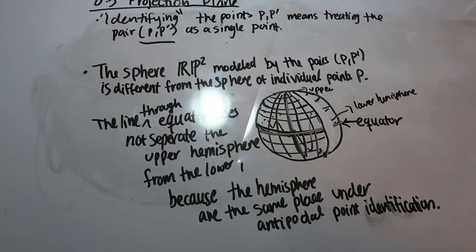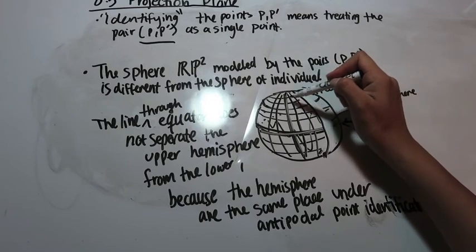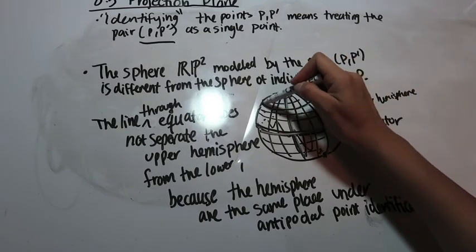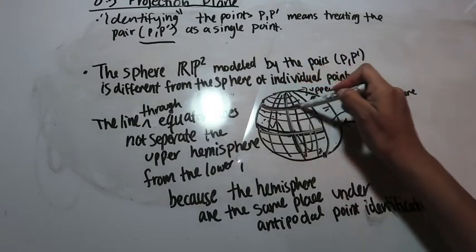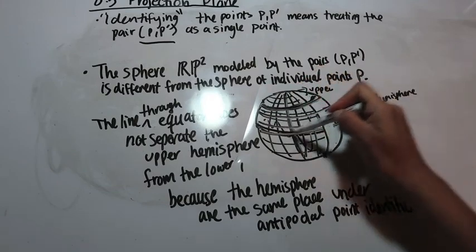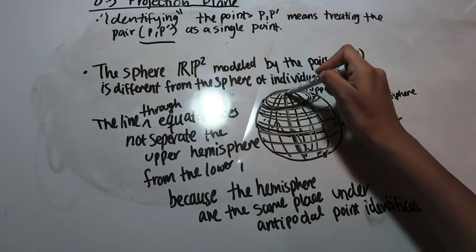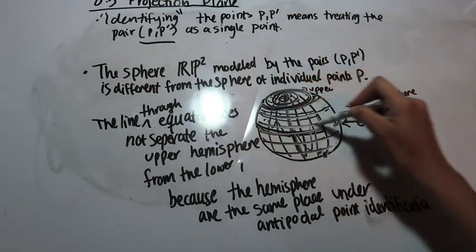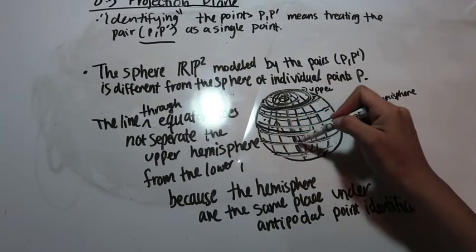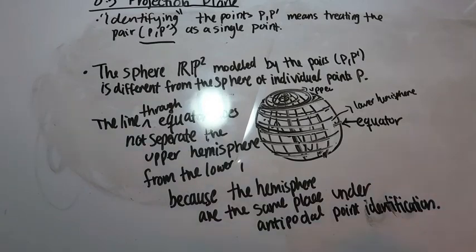So maybe if you cut it this way, since the lines are going, I don't get it, but maybe if you cut it this way and the lines are going this way, then that will work, because this is the same. All of these lines will remain the same in a way. These are the same ones, but these are not the same as that, so then you would be able to divide. Sorry, my picture looks like a mess.